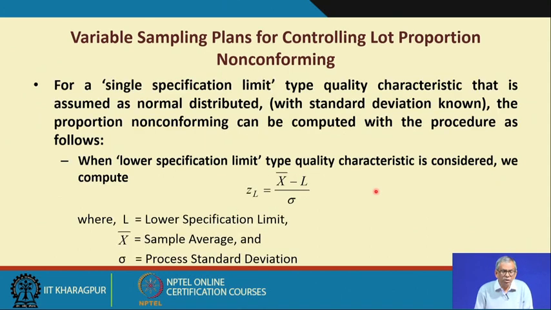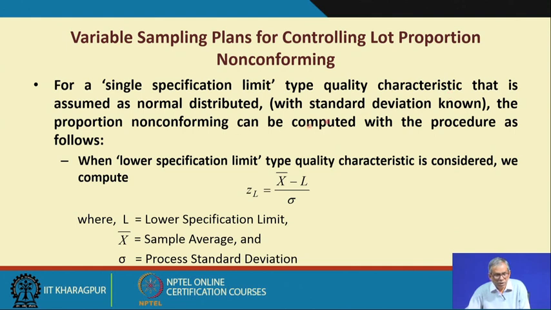Now let us talk about the variable sampling plan for controlling lot proportion non-conforming when the quality characteristic is of single specification limit type. There are many such quality characteristics you come across.